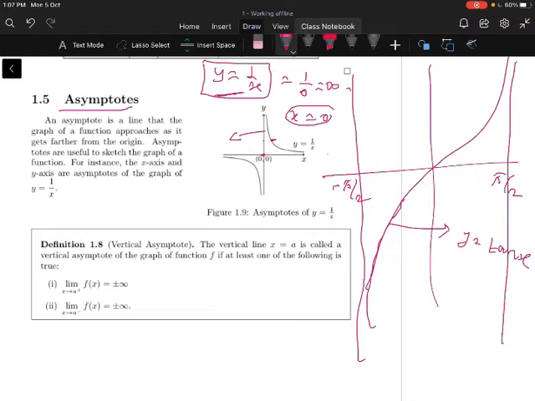Suppose x is increasing positively, that is 1, 2, 3, like this up to infinity. When x is equal to infinity, what happens? 1 by infinity is equal to 0.